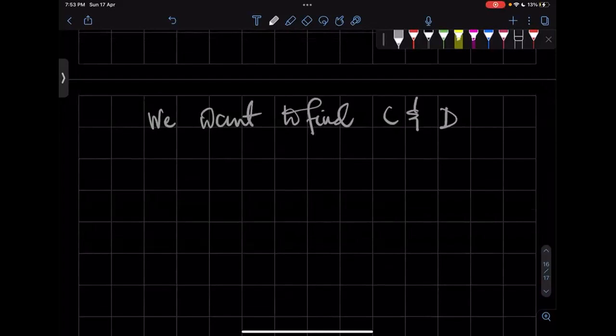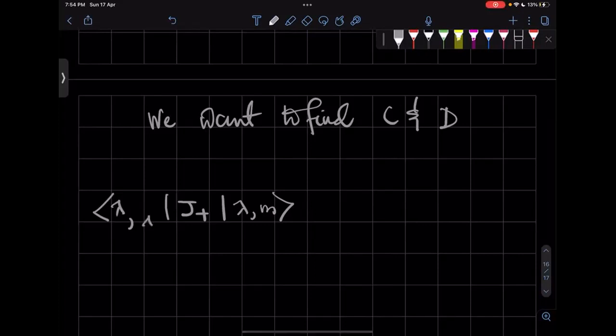So let's apply J plus on lambda m. This, of course, increases the m eigenvalue by 1, right? So if I were to take an inner product with another state and wanted the inner product to be non-zero, what should be the eigenvalue I should put here?